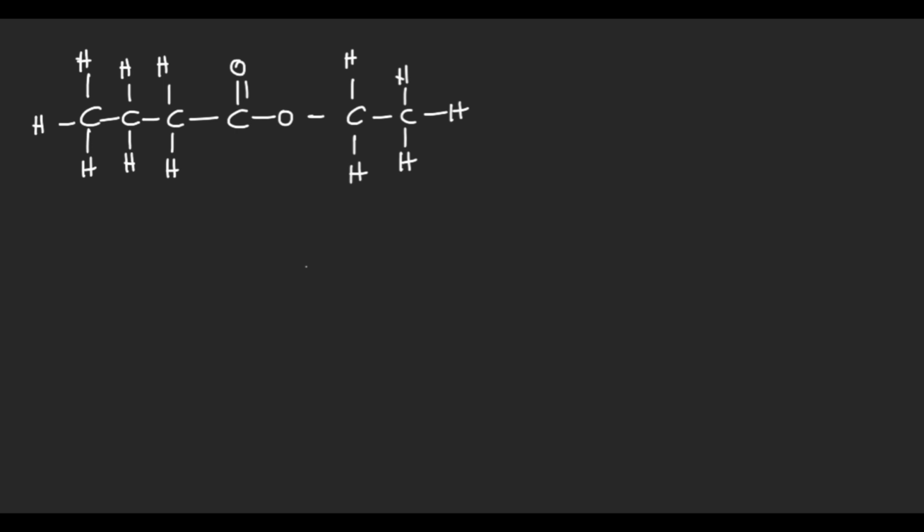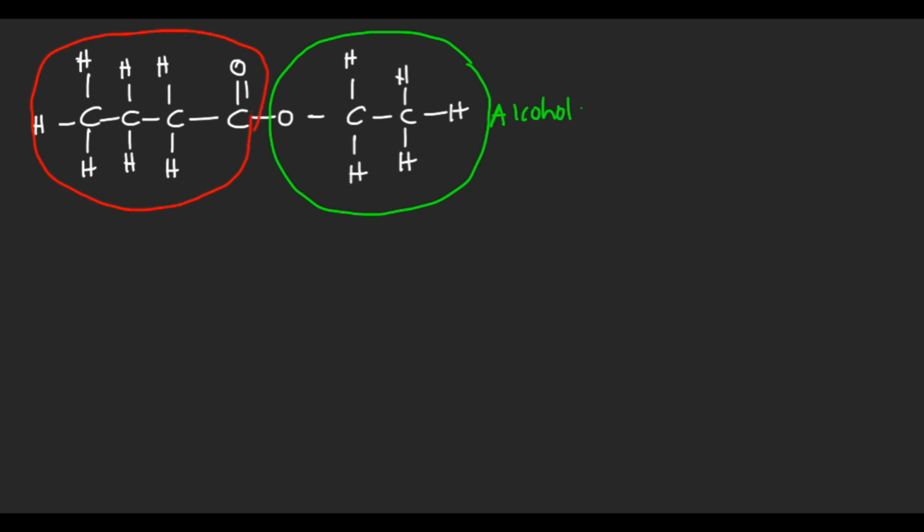Under this compound, we first have to identify the alcohol part. So the alcohol part is this one here. Then after the alcohol part, the remaining part indicates the acid, because that is where we have this carbonyl group here. So this indicates the carboxylic acid.